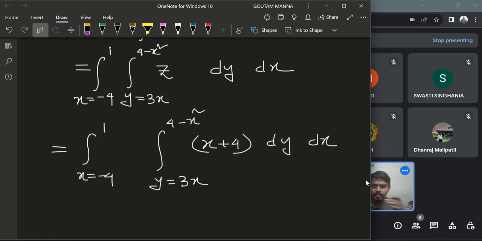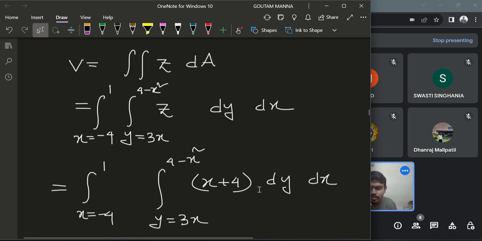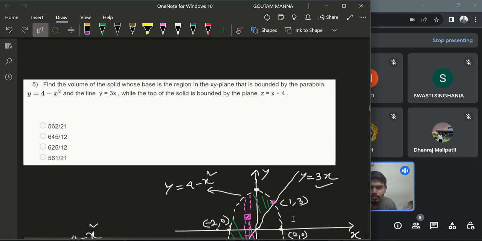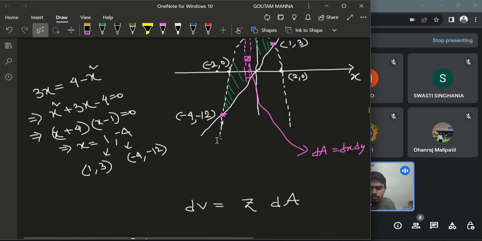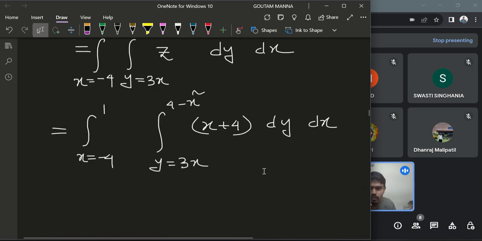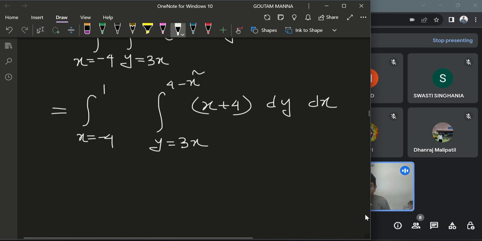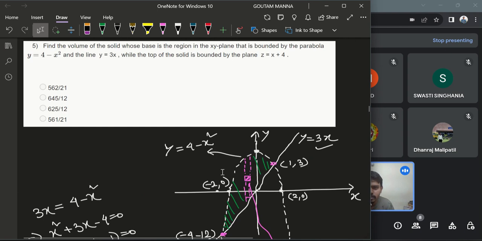Okay, if anyone is facing some problem understanding how I am choosing these limits, how I am choosing these areas, please unmute and ask. I am going slow here because I think choosing the area will be something tricky.